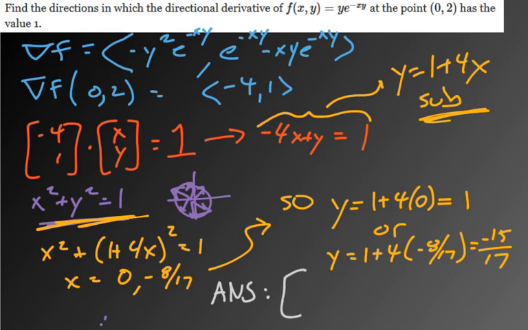You get either (0, 1), or you get (-8/17, -15/17). If you take the directional derivative at that point in these 2 directions, they both would give you the value 1.